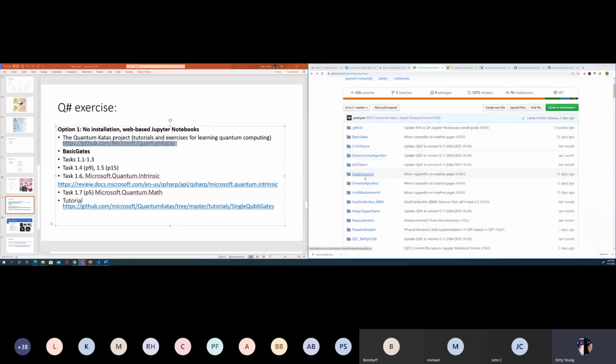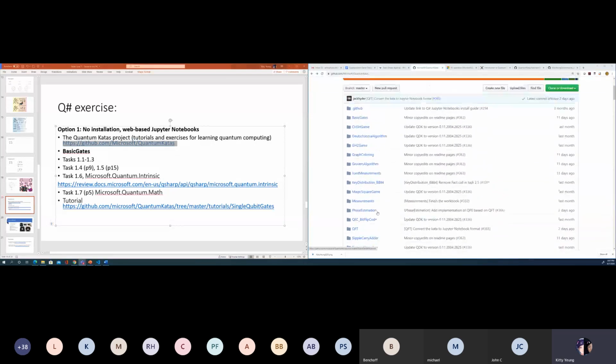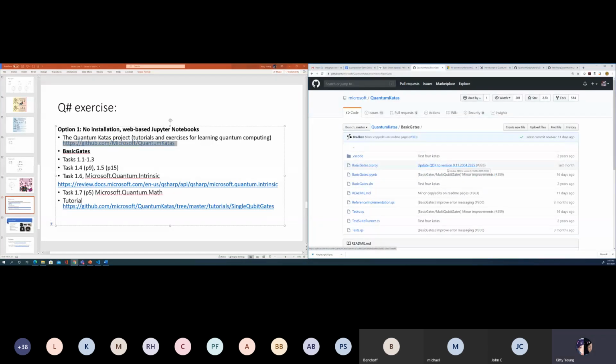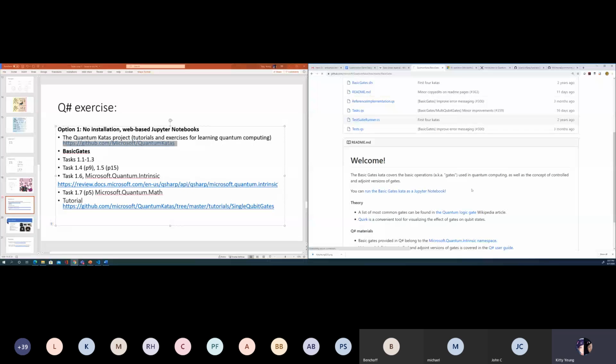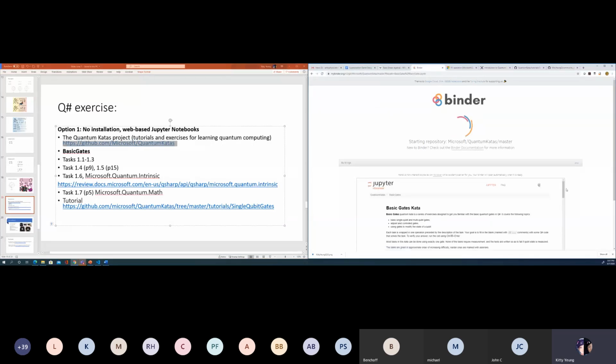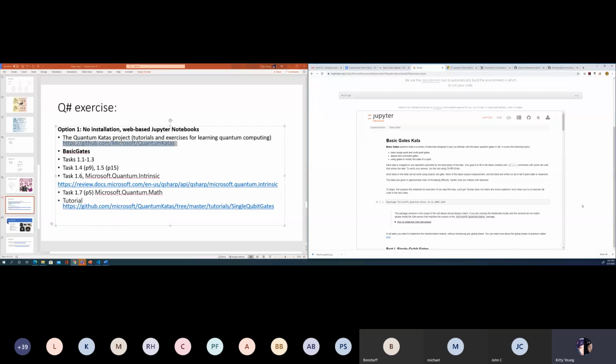Remember last time we did the superposition katas. This time we're going to do the gate katas. So we go to the basic gates and open the kata in Jupyter Notebook. People should be coding together with me. You should also do this step, opening up your browser and going to that link.